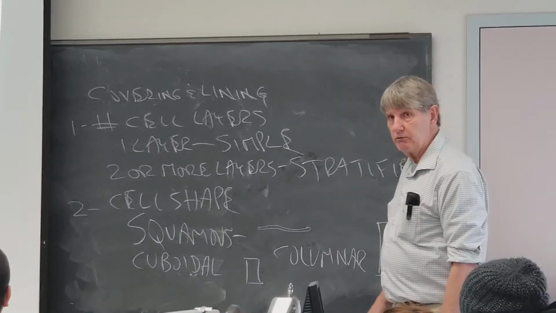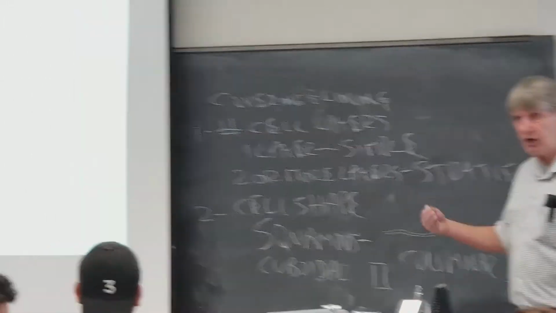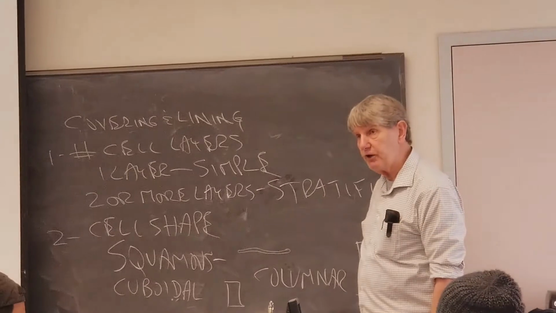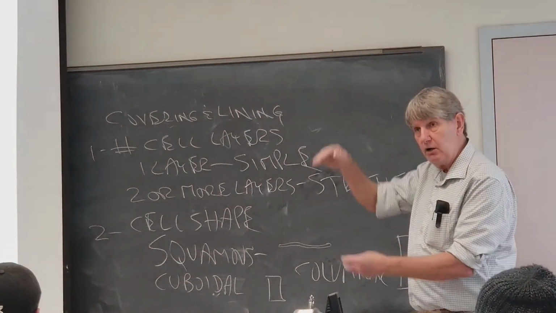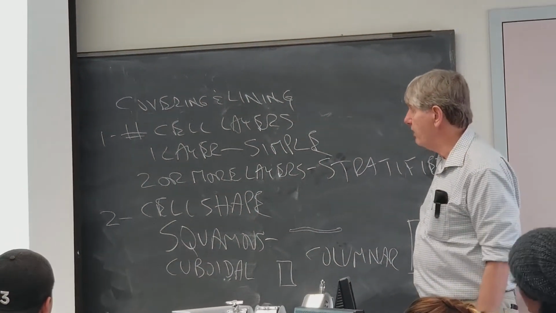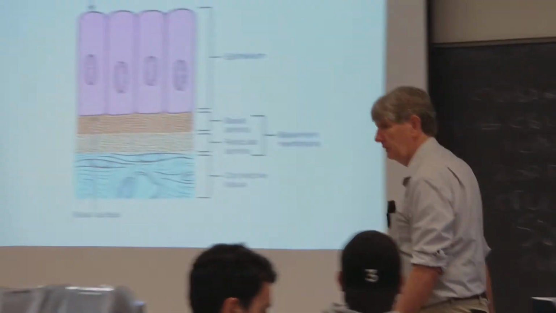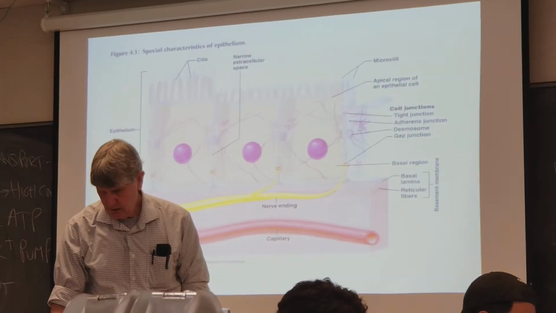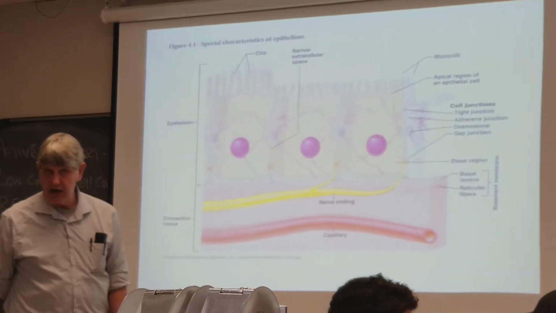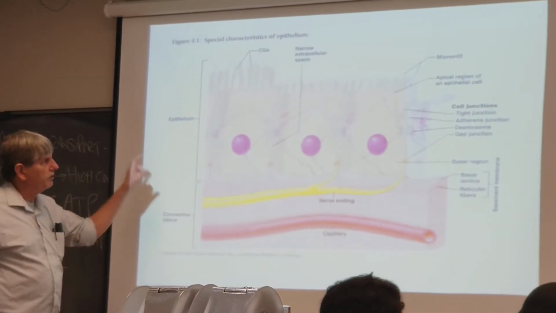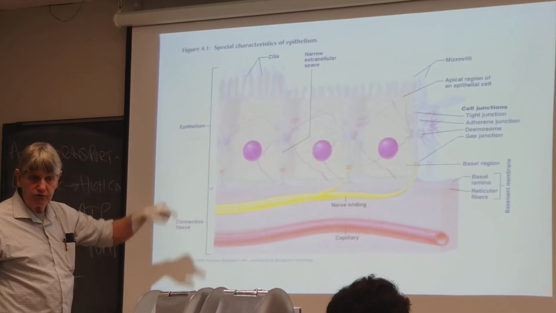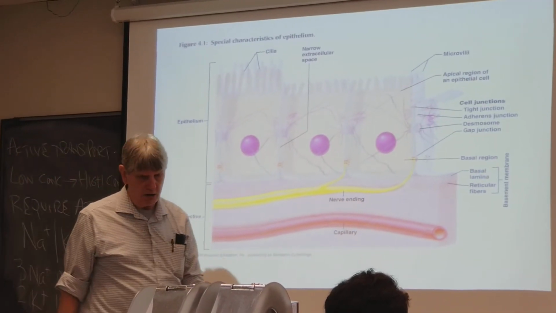That one right there, that picture would be a simple columnar type of tissue, because you can see it's only one layer of cells, but the cells are tall relative to their width. This one right here, same thing, simple, because it's one cell layer, columnar, because the cells are much taller than they are wide.